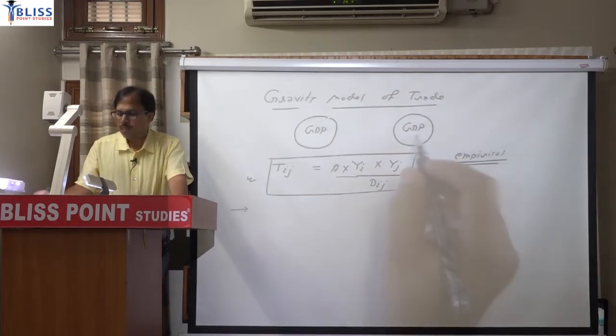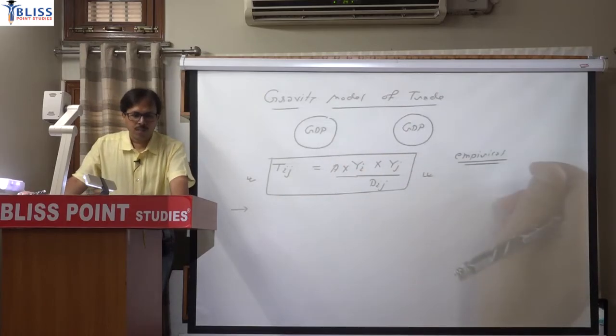So mass, in fact, here will be GDP. Product of their mass and diminishes with distance.